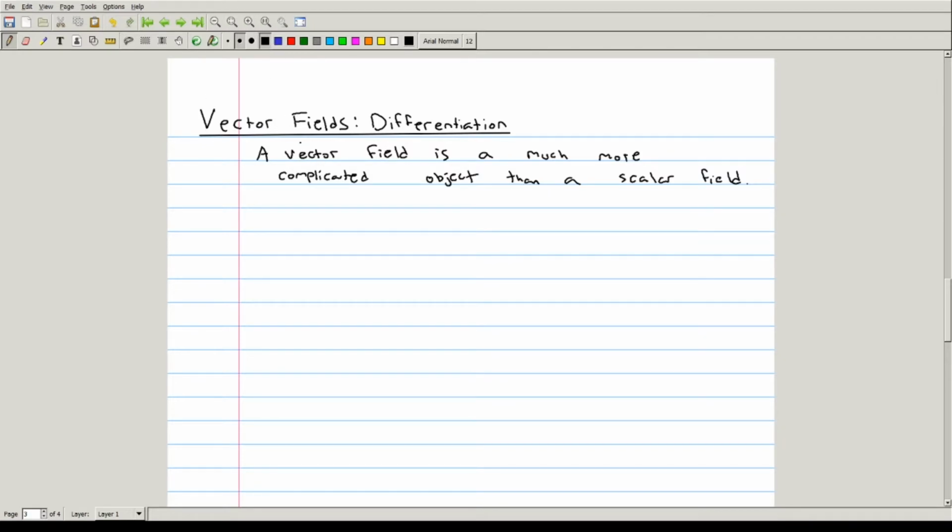A vector field has both a magnitude and a direction associated with every point.